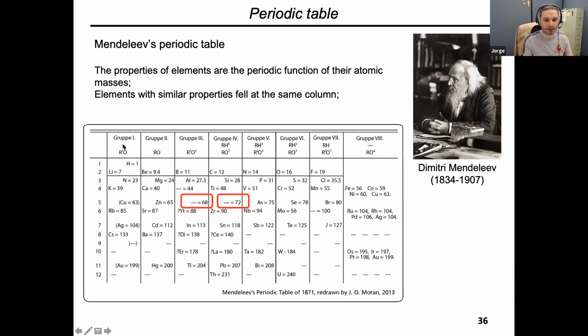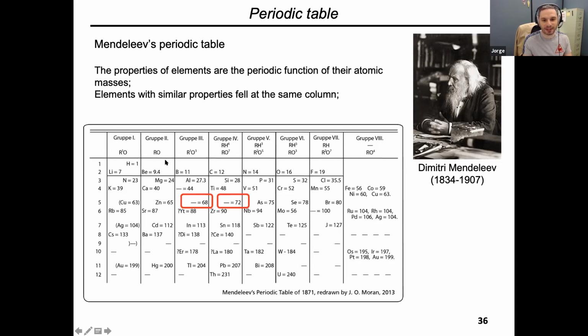So see here, each column is called a group. RO means the formula of the oxide formed. And then he went as a function of the atomic masses. So hydrogen is the lightest element, so it's where everything started.